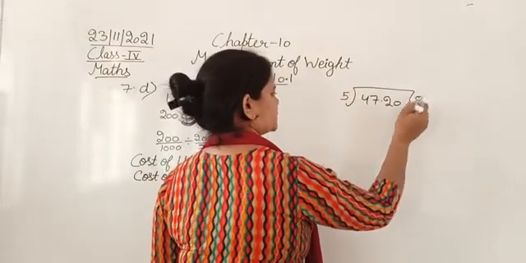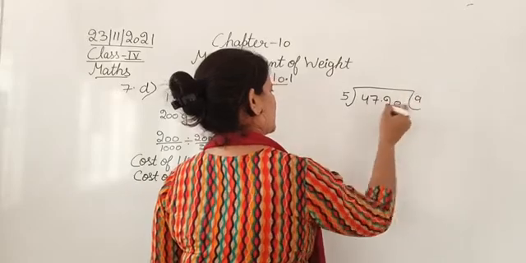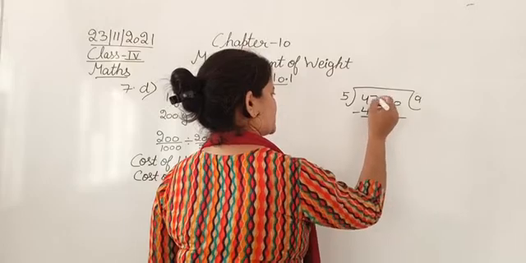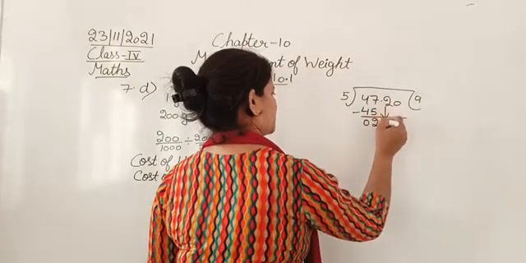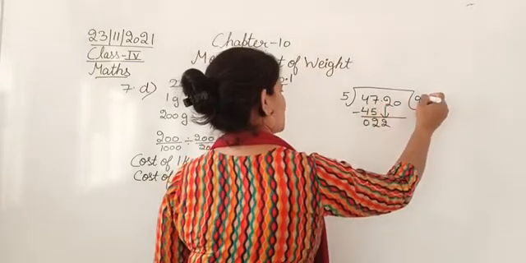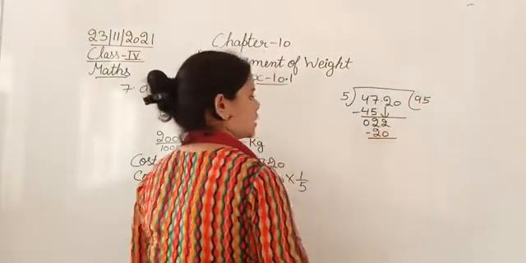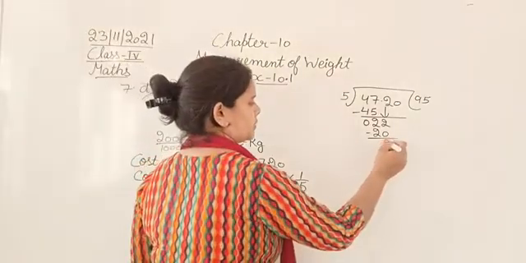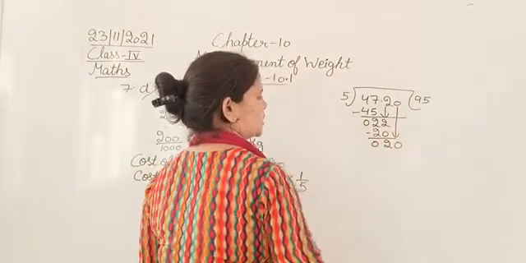5 9s are 45. 47, 7 minus 5, 2, 4 minus 4, 0. Bring down 2. 4 5s are 20. 22 minus 20, that will be 2. Bring down the next 0.